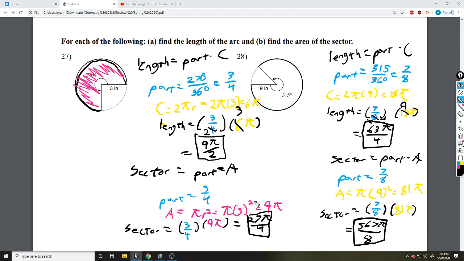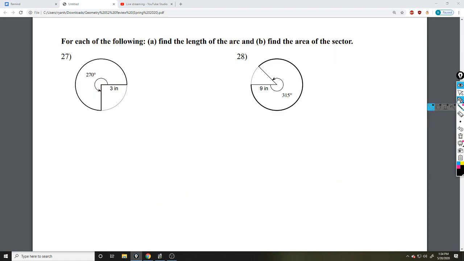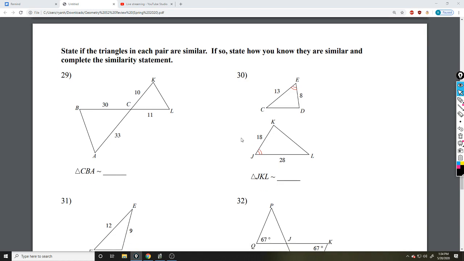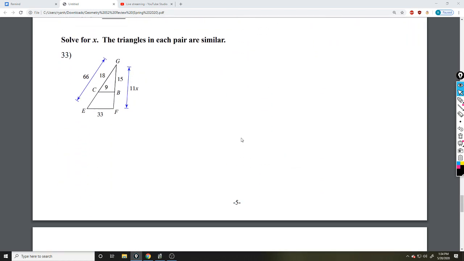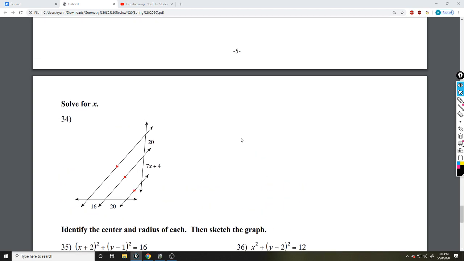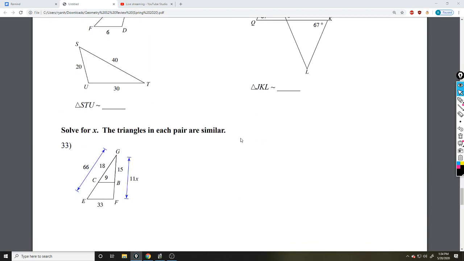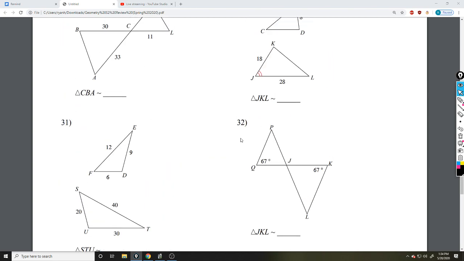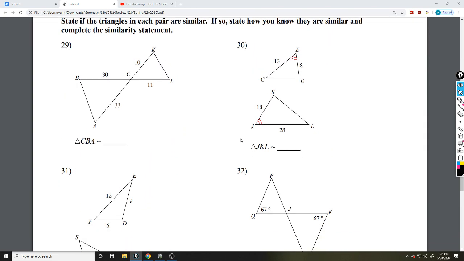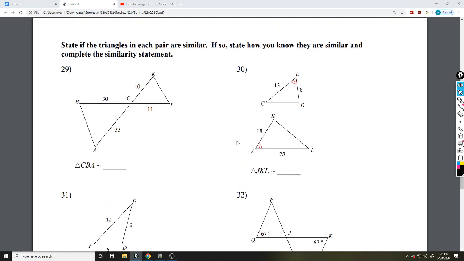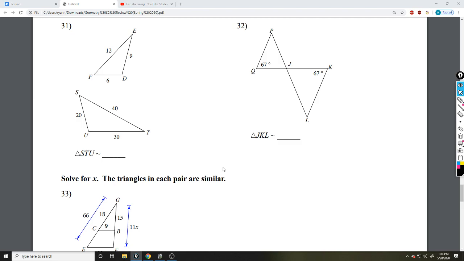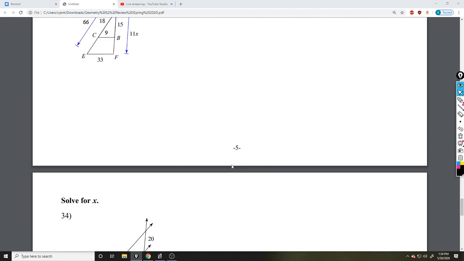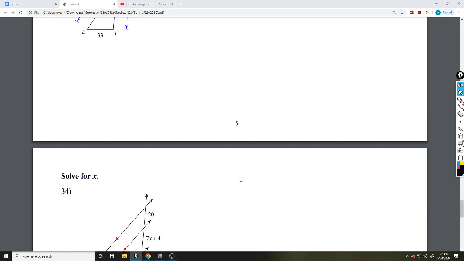We've done the ones that take the longest, so the rest of these should go by quickly.